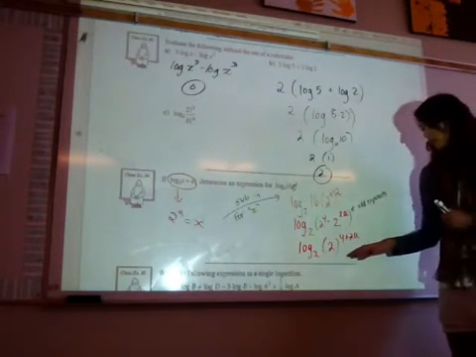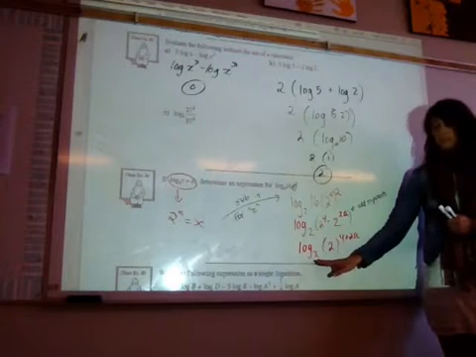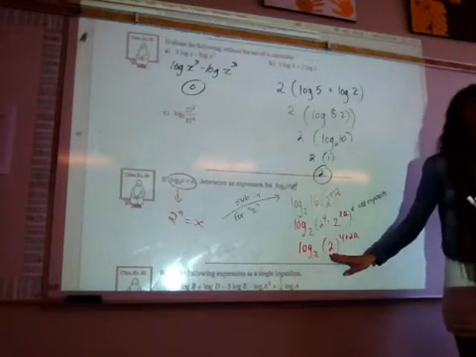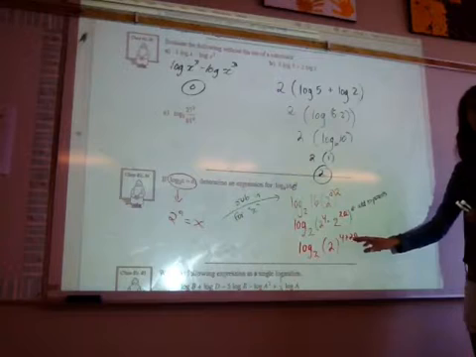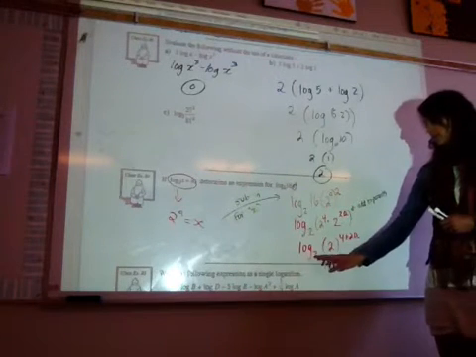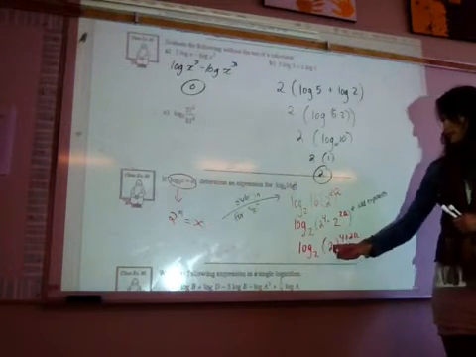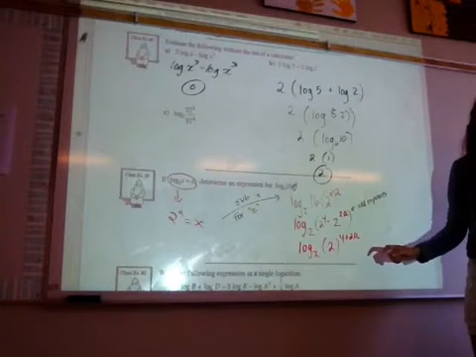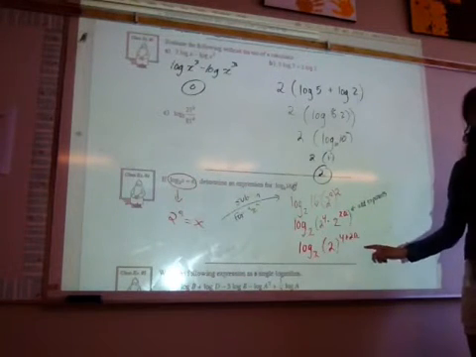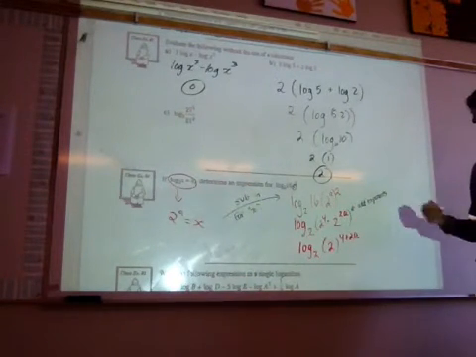And I just want to point out here, I have a base 2 and I have an argument 2, but I still have that exponent. So if you have the same base as argument, what's the answer going to be? The exponent. But we can use the power law just so you can see that a little bit better.